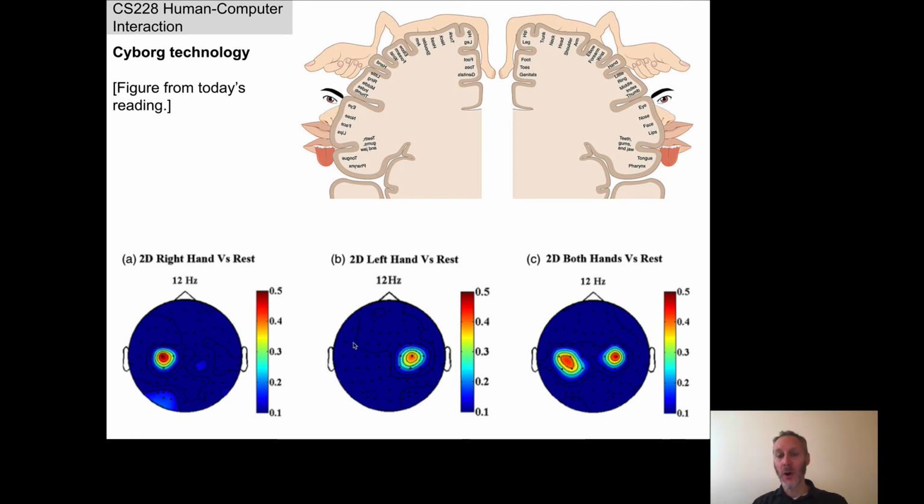If instead you sit quietly and you imagine moving your left hand, it's the right motor homunculus that lights up. So it's actually pretty easy, and this was very surprising when it was first discovered. It's relatively easy, if you're able to scan electrical activity from the motor strip, to know what actions someone is thinking about. Pretty interesting.